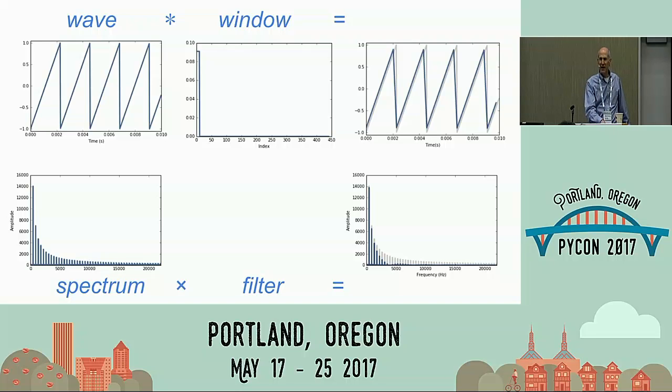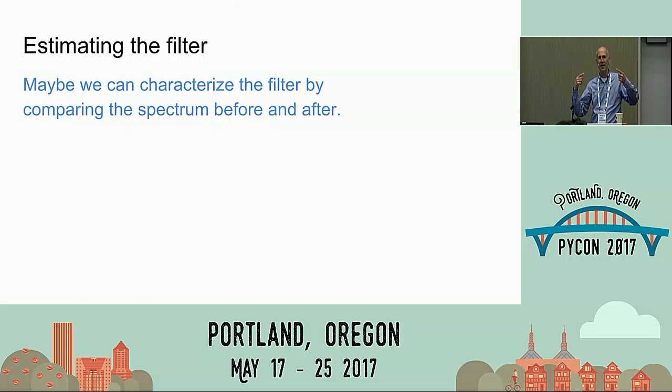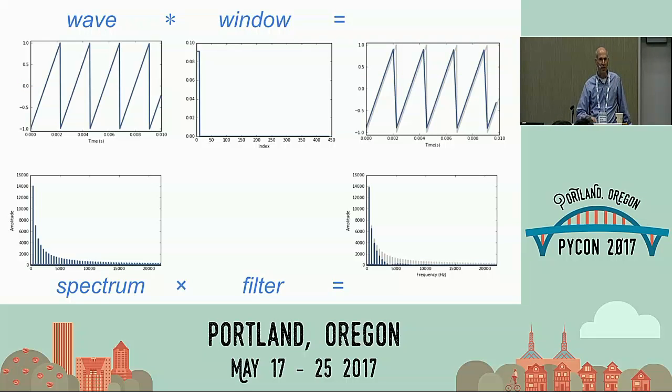But now I want to figure out what the middle part looks like. What is the filter that corresponds to this window? And I'm going to do it in a backwards way: if I think that a spectrum times a filter equals my result, then I can take my result and divide by the spectrum and figure out what the filter looks like.